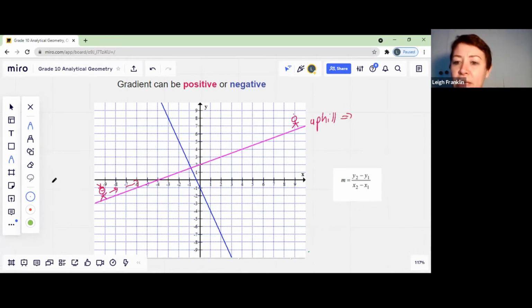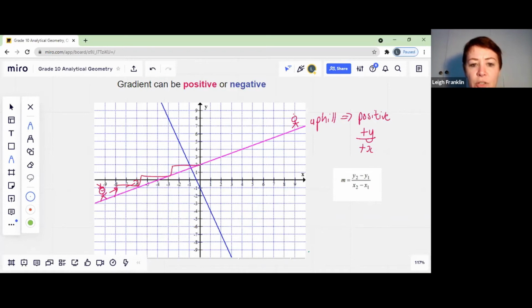So what that means, David and the other grade 10s as well, is that here the gradient is positive because you are going plus y, you're going up, and you're going plus x. So in other words, you're going up and to the right, and up and to the right.